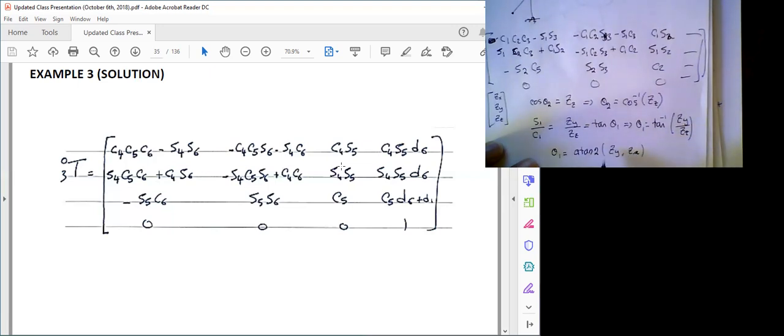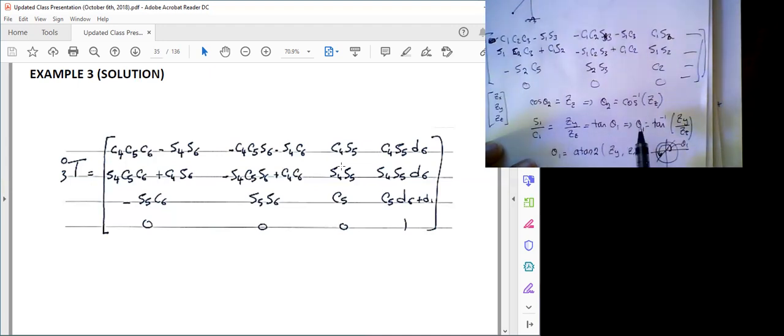Here, with this function, if this guy and this guy are both negative, it will return theta 1 in the proper quadrant. You know the tangent axis looks like that, right? If both of them are positive, it will give you this theta 1. If both of them are negative, the plain inverse tangent doesn't know that this guy is negative, but if you use this one, it will return theta 1 in the actual proper quadrant.